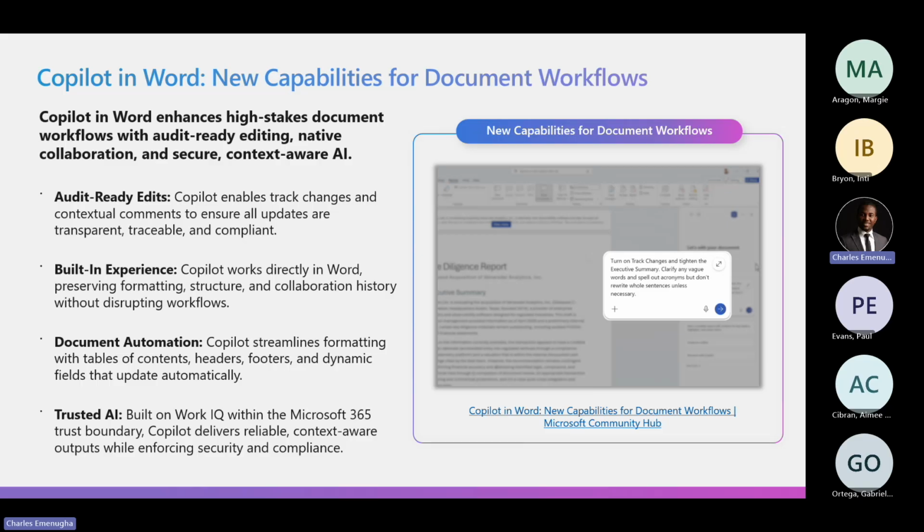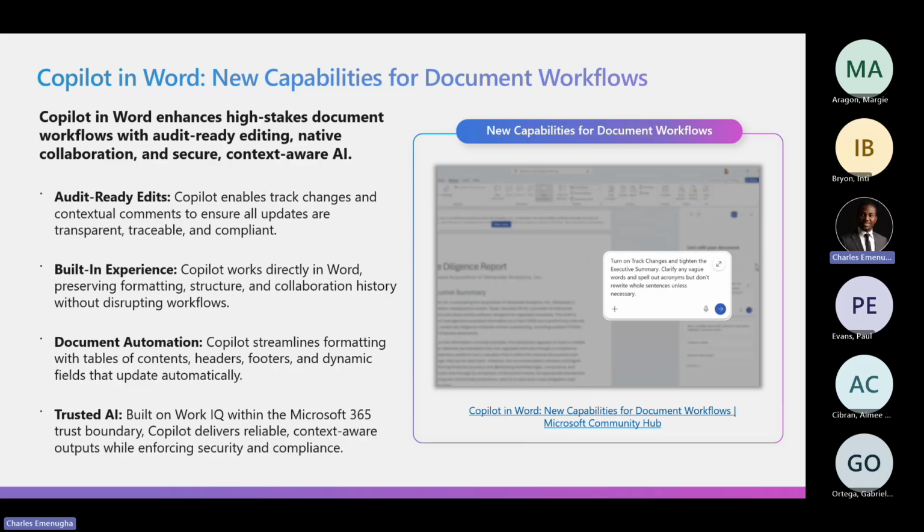Now, Copilot in Word now has new capabilities for document workflows. Now, what this really does is it's designed to help enhance document workflows with audit-ready editing. And this is still going to leverage the native collaboration as well as secure context-aware AI. Now, for document-ready edits, Copilot enables track changes.